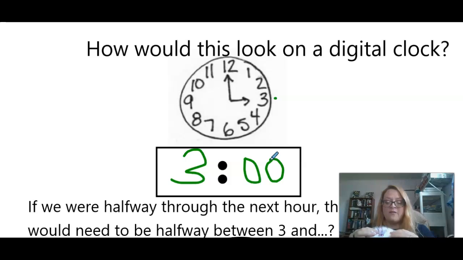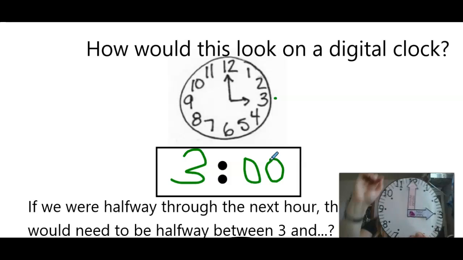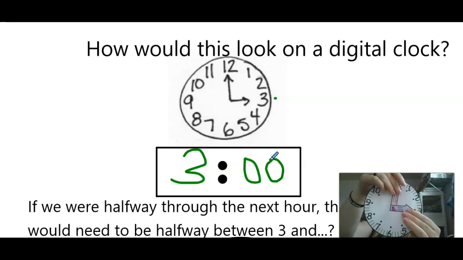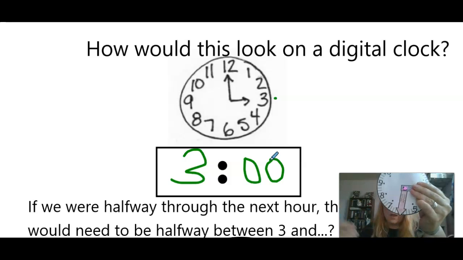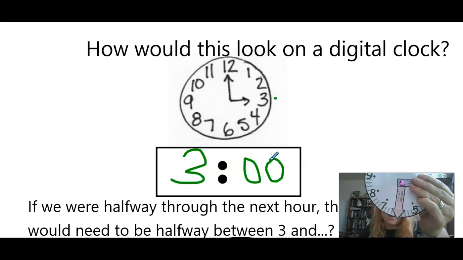Now what if, let me get my clock to say 3, there we go. So what if it has gone halfway around? Remember, halfway is going to be the other side of the clock. So this has moved now to here. Okay, what is our minute hand on now?